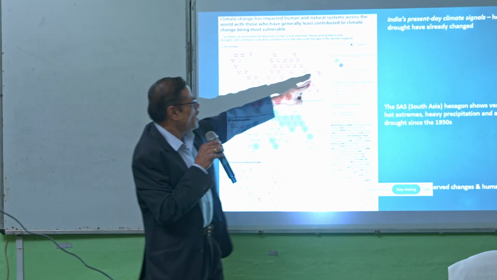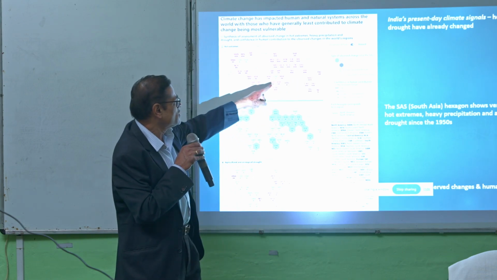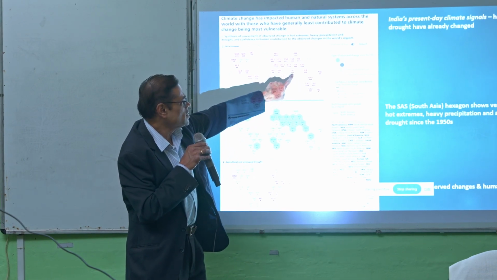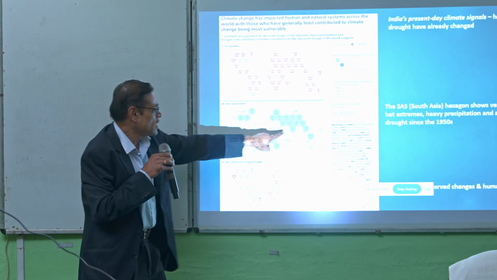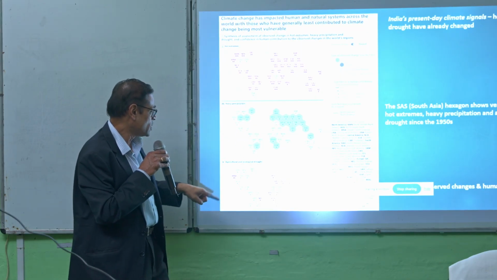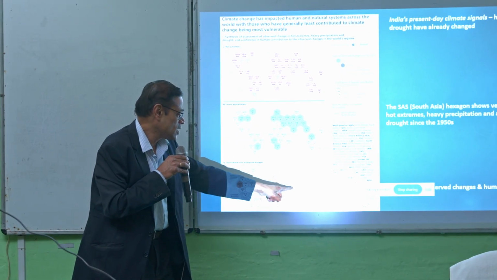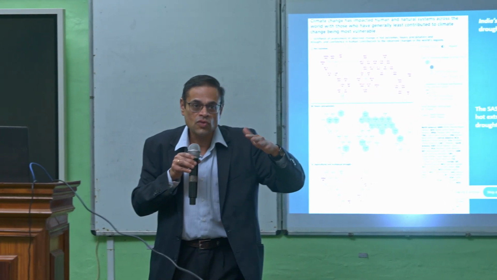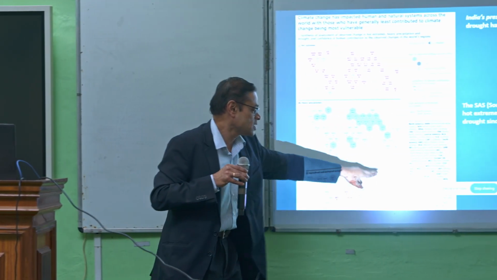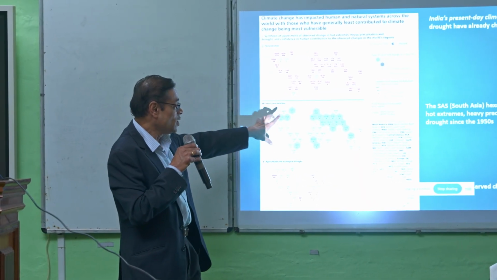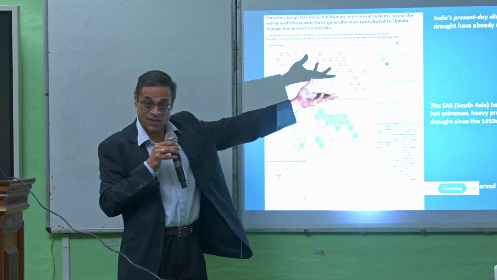So observed changes, there is significant increase, in this case, in extreme events. South Asia is also increasing in heavy precipitation. Agricultural drought is kind of in the middle of the ground for South Asia, India included in this. I'm talking about on a global scale, right? So this is a global scale map. So if you look at South Asia, that is a big region still.